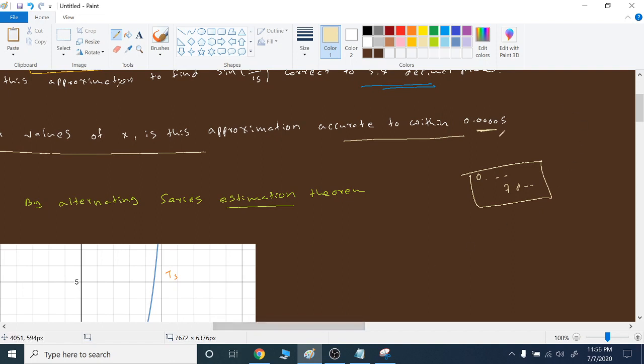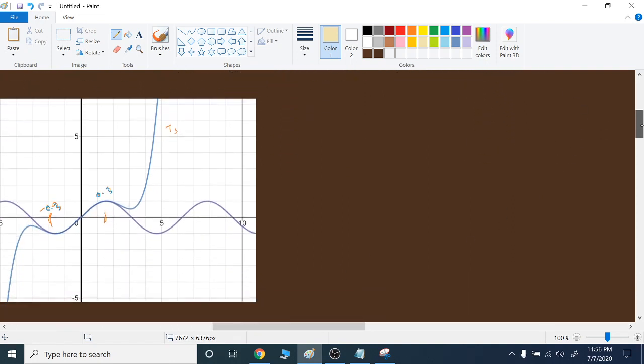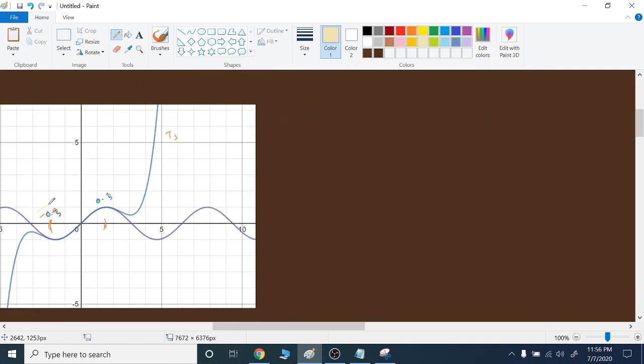And to get that 6 decimal place accuracy, the interval of x values that we chose was between negative 0.3 and 0.3. So within this interval you have an accuracy of 6 decimal places.